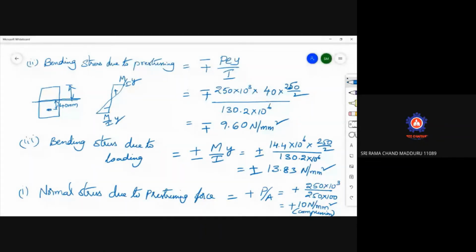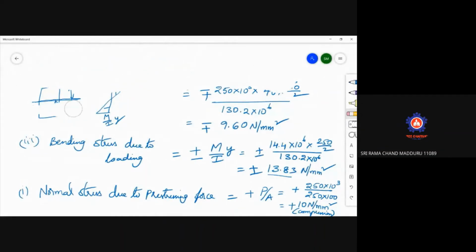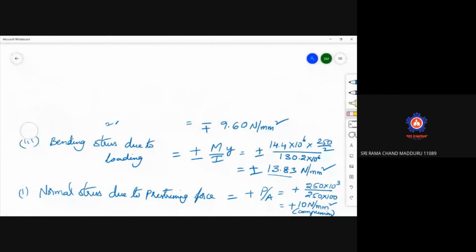Okay, now go for resultant stresses. I'm erasing these values and going for resultant stresses.